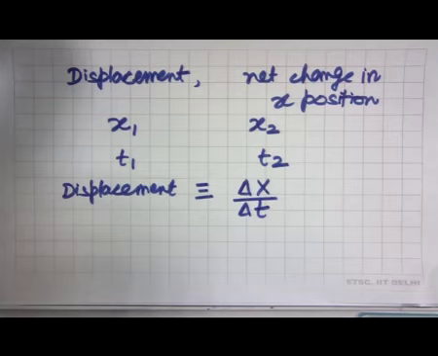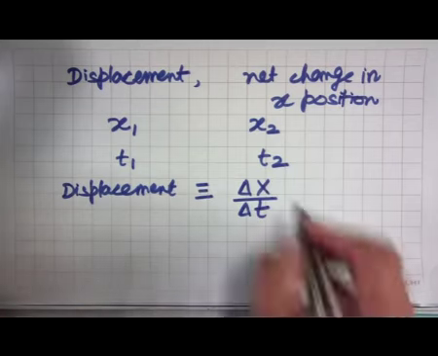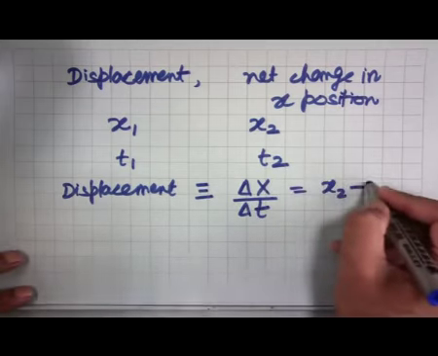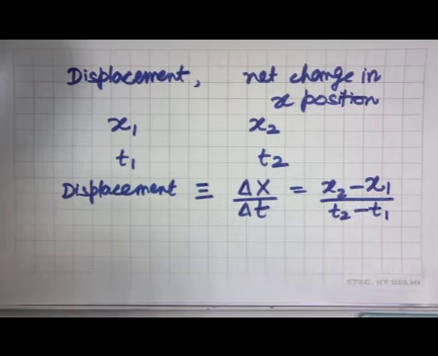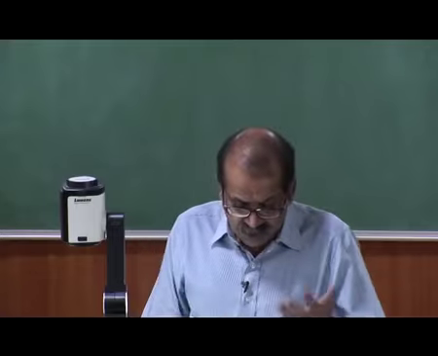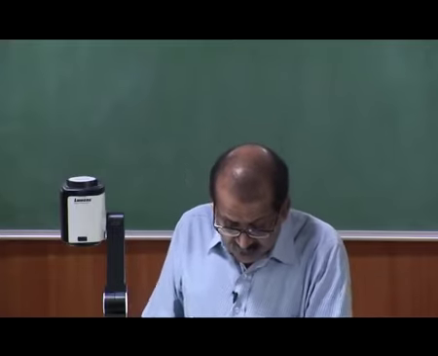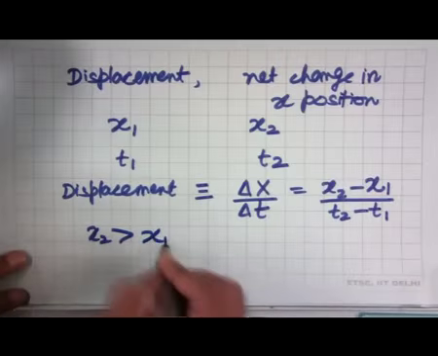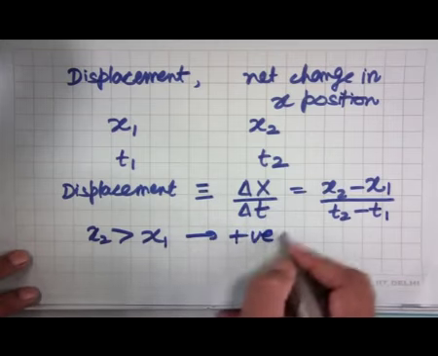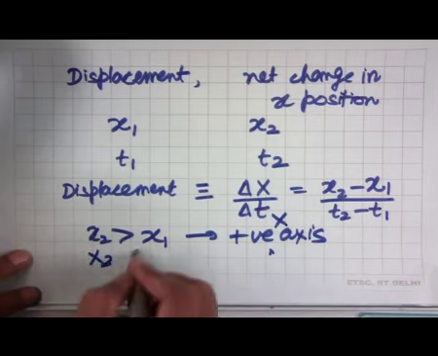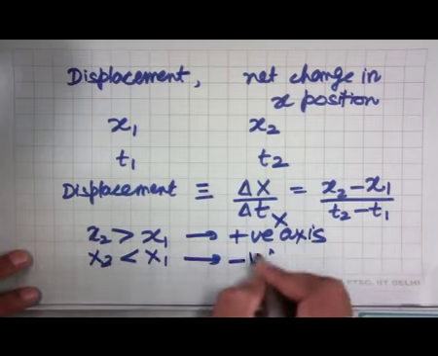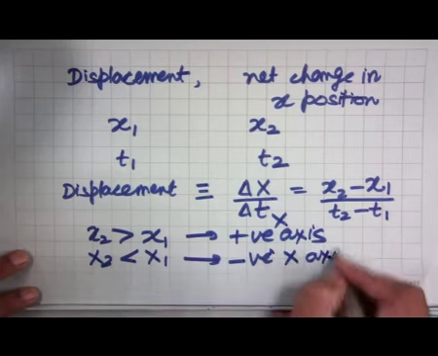The symbol delta which I have used here means the change in, which is x final minus x initial. So, this will be equal to x2 minus x1 divided by t2 minus t1. This gives us the displacement, and if x2 is greater than x1, the particle is moving along the positive x axis, and if x2 is less than x1, the particle is moving along the negative x axis.